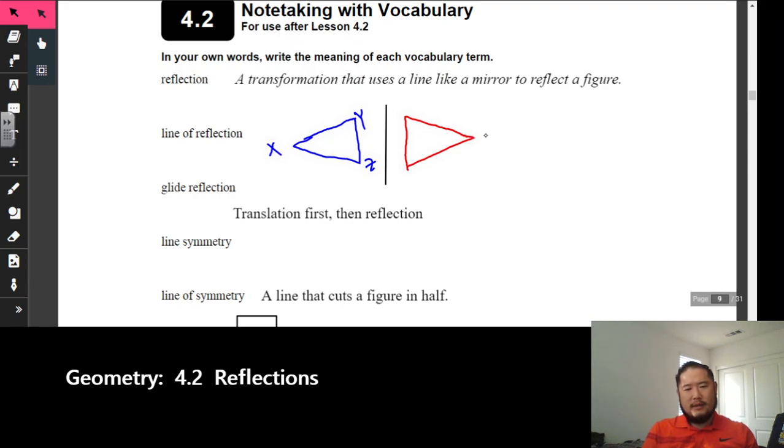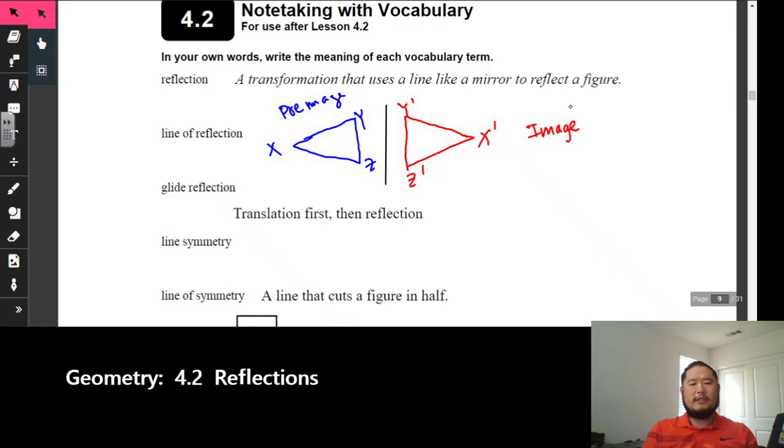Now this one would be X prime. We have Y prime over here, and Z prime down there. Don't forget, we call this in blue the pre-image. We have this over here in red, the image. All right.